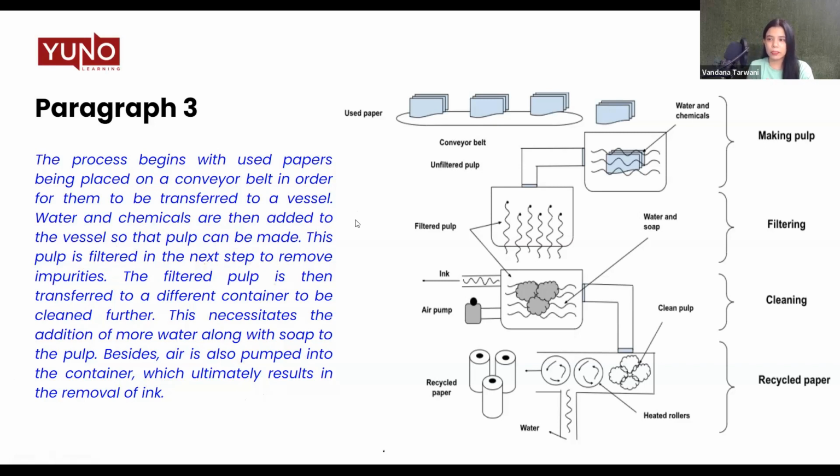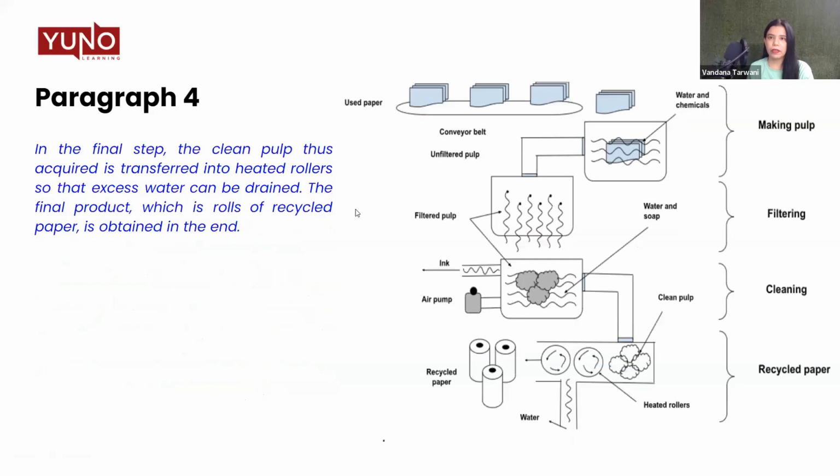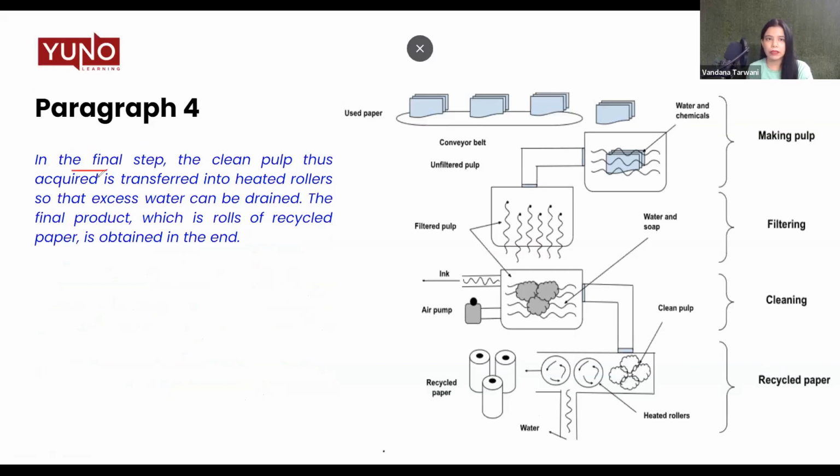Let's move to the last paragraph over here. So we are saying in the final step, the clean pulp thus acquired is transferred into heated rollers. Now, if you see this clean pulp, here you go, thus acquired is transferred into heated rollers. Here you have got your heated rollers so that, this is again your linker, so that excess water.